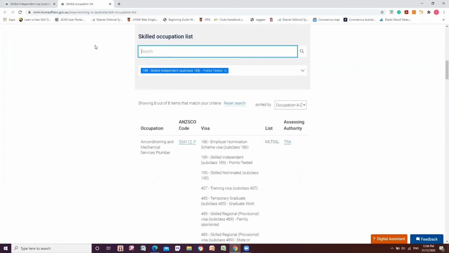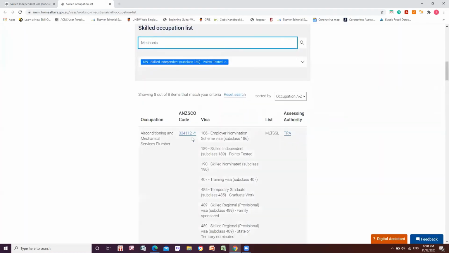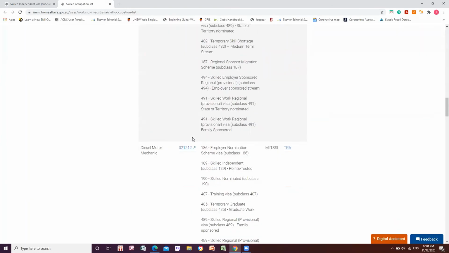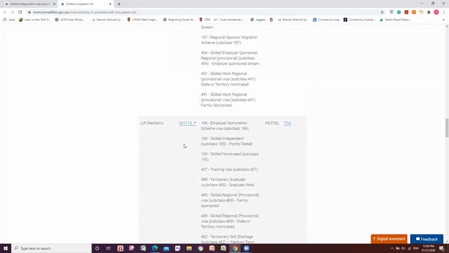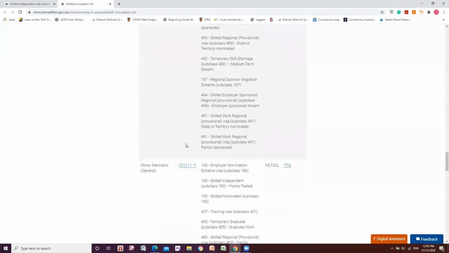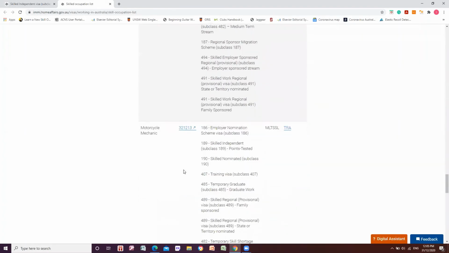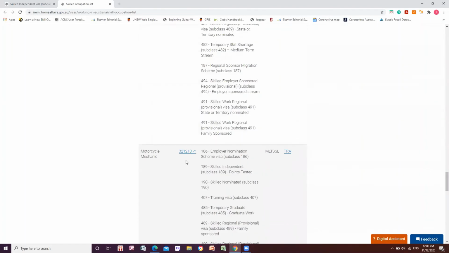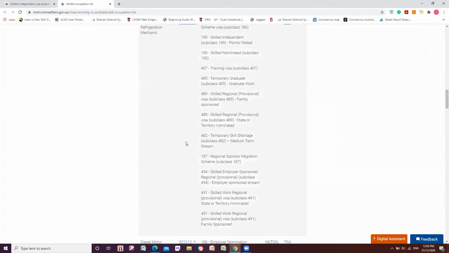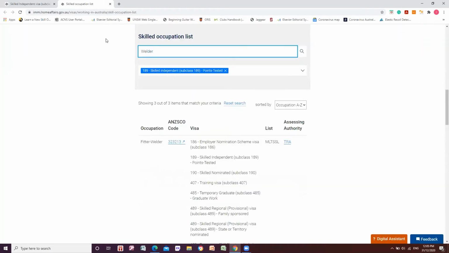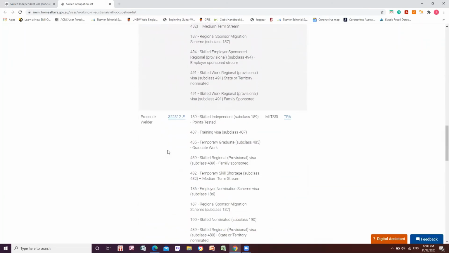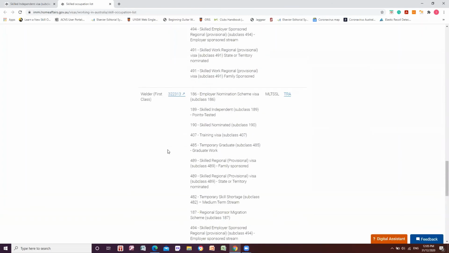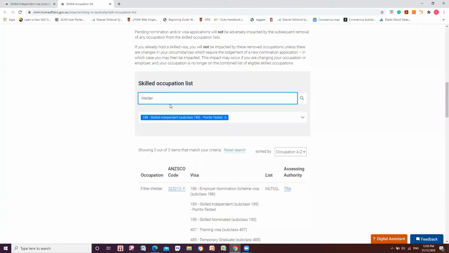Even people who are skilled, who are mechanics, for example, Australia really appreciates people who have mechanic skills, so you can consider applying as well. They even accept welders. If you have these skills, or for those that I haven't searched but you're interested to look up your profession, feel free to have a look.